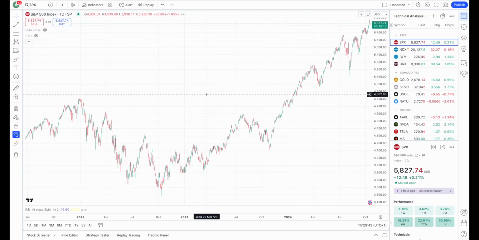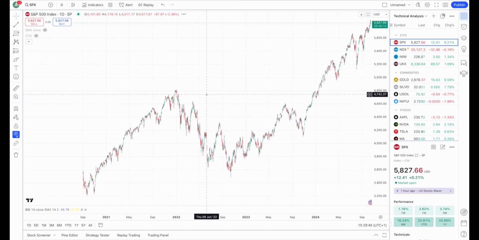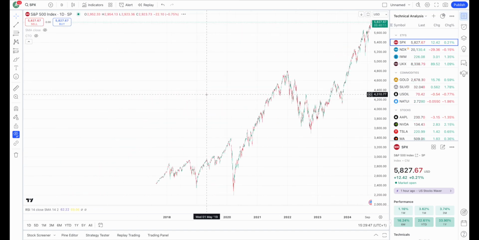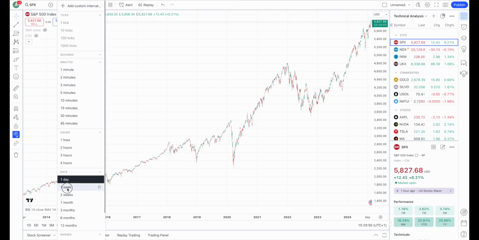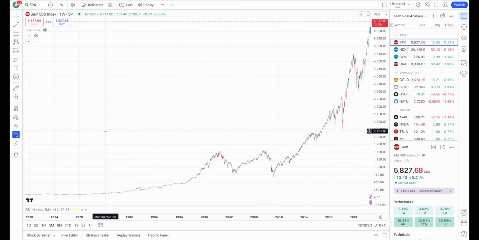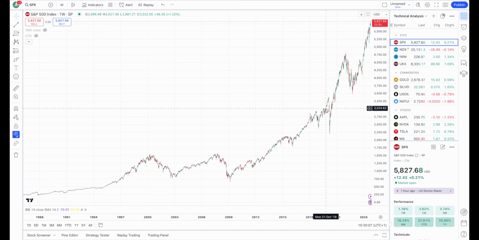I can zoom out of charts. So this is your daily chart of the S&P 500, and you can see it goes quite far back. I can go all the way back to 2014. But it's very unclear because there are a lot of candles fit into this picture. But if I switch it to the weekly chart, for example, this goes even further back, all the way down to 1970, and it's a bit clearer.